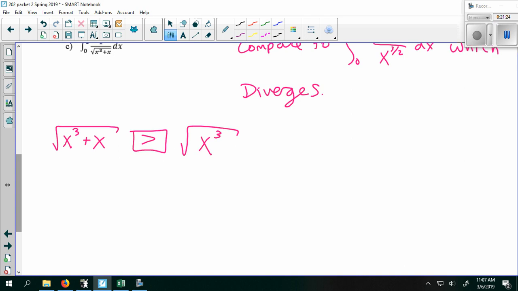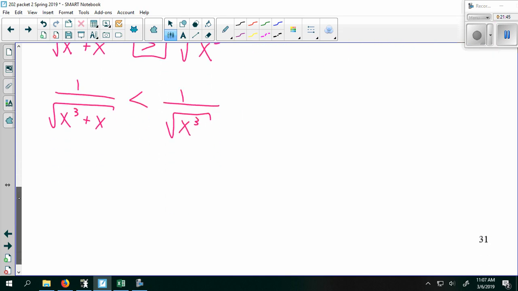Which means that 1 over the square root of x cubed plus x compared to 1 over the square root of x cubed: the inequality reverses, because now a bigger denominator makes a smaller fraction. So my integral is smaller than the divergent integral. Let's write this out.